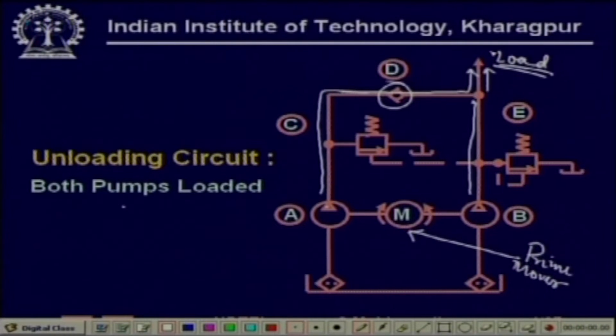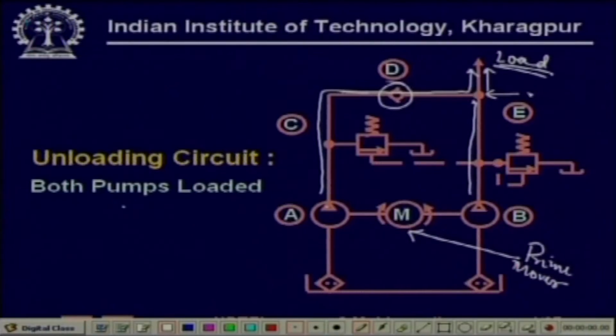Now we know the hydraulic power requirement: power is force into speed, or rather pressure into flow rate. Finally we must realize that the power comes from the prime mover, and the prime mover is designed to handle a certain amount of power.